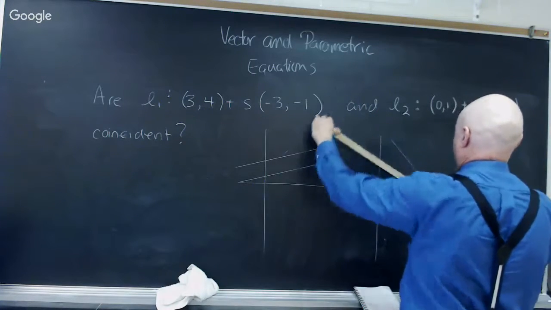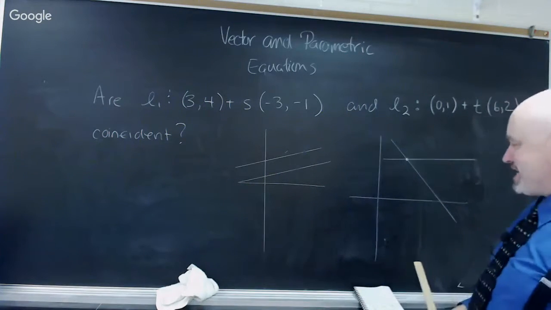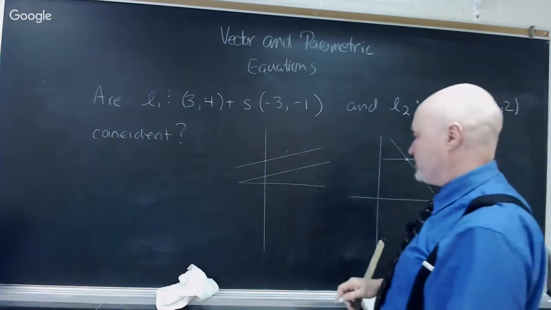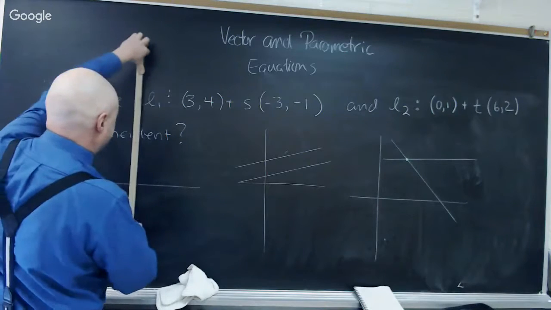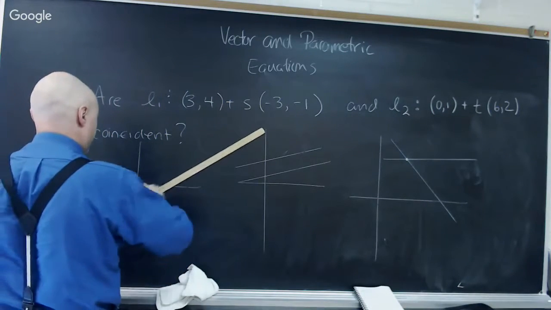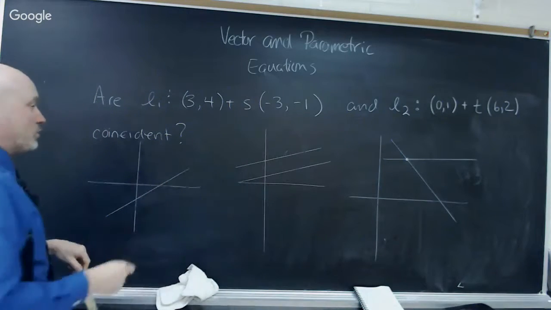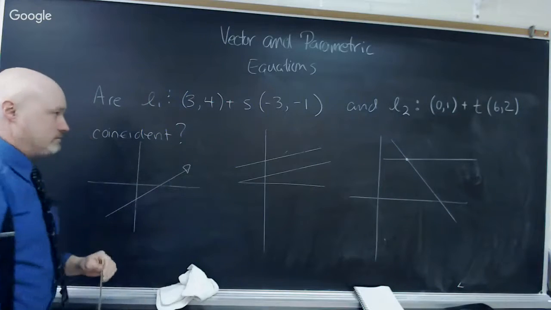They could have different slopes, and they could intersect. And the last possible option here is that they are actually the exact same line, because we can use different definitions and get exactly the same line.